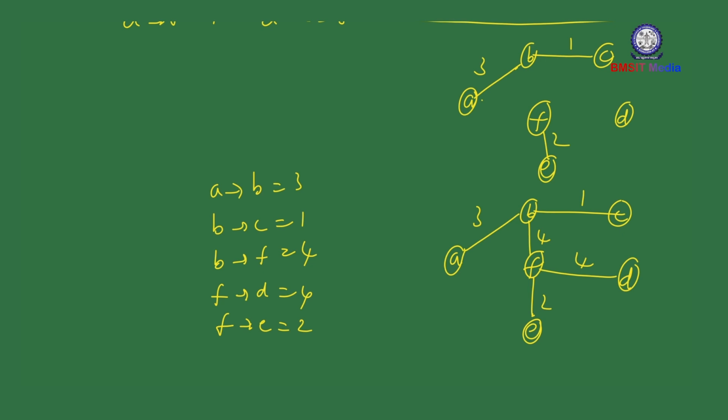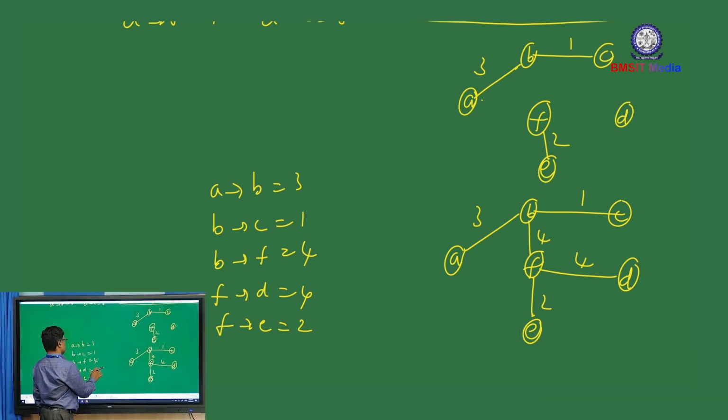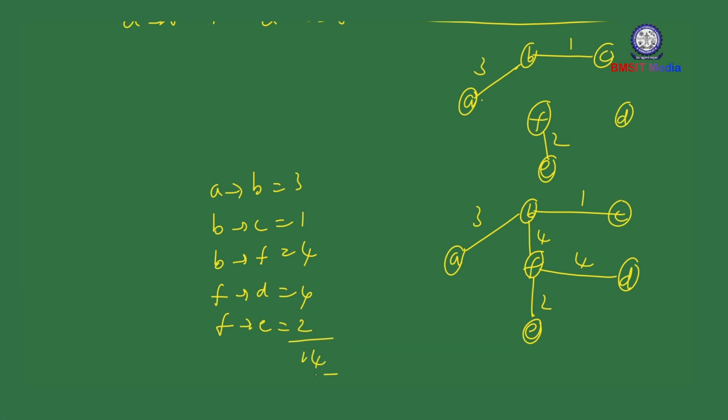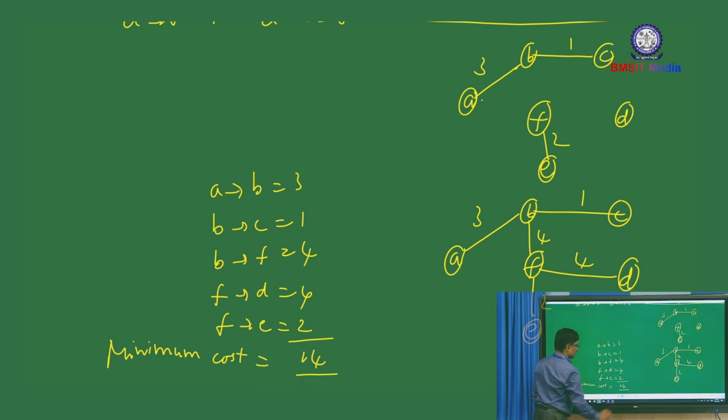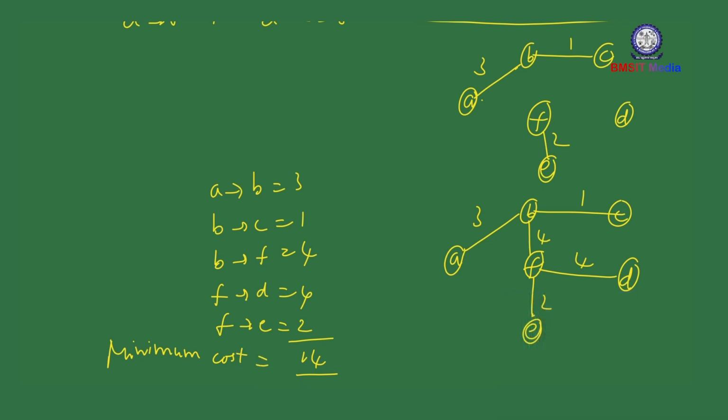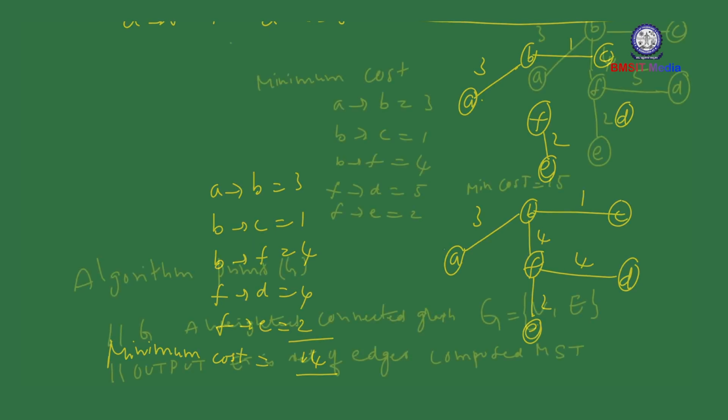So now this is the spanning tree. So what will happen? 6, 10, 11, 14. Minimum cost is equal to 14. So this is the spanning tree for this.